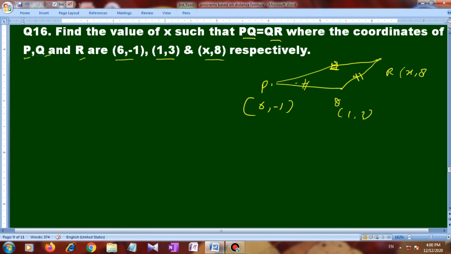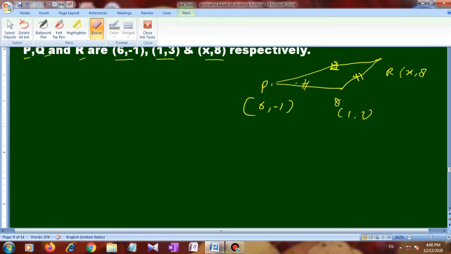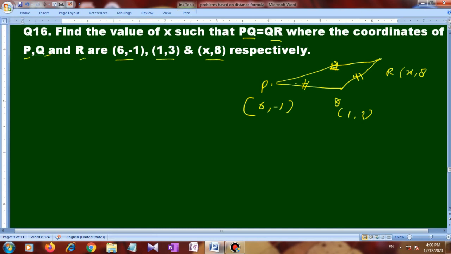In this question, find the value of x such that PQ equal to QR, where the coordinates of the points P, Q and R are 6 comma minus 1, 1 comma 3, and x comma 8 respectively.